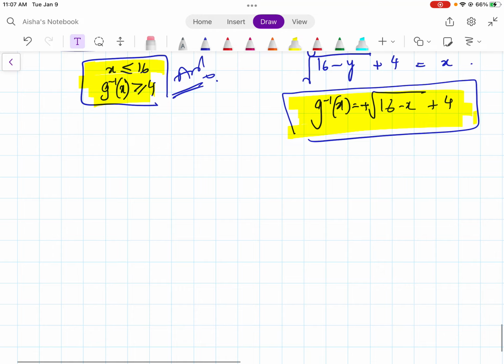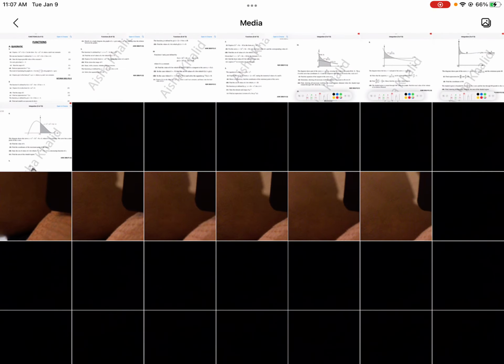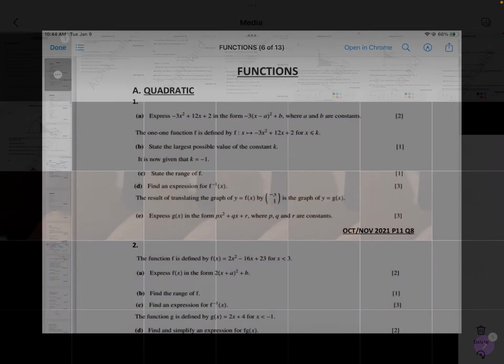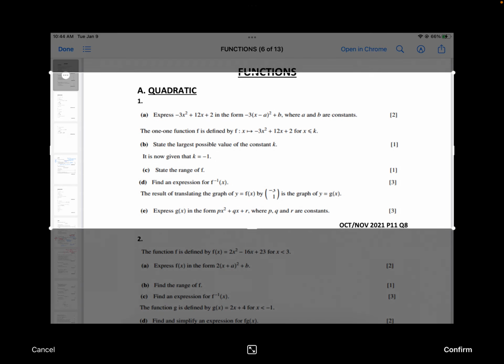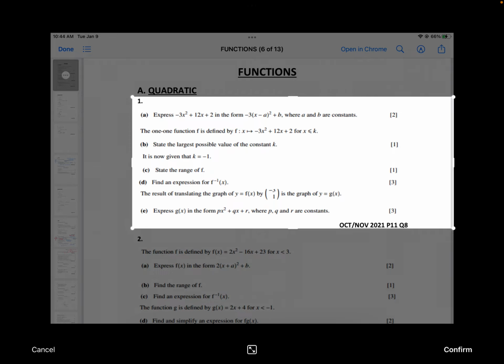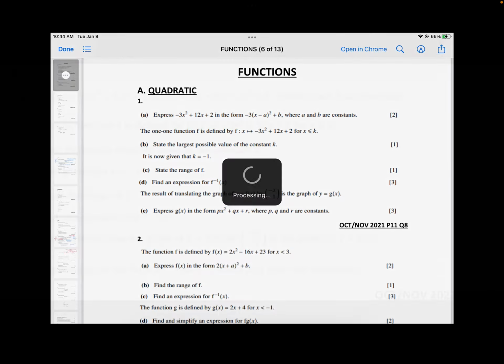Okay, let's do a couple more questions to have a better understanding of quadratic functions. Now this also includes transformation because it's a relatively new question.